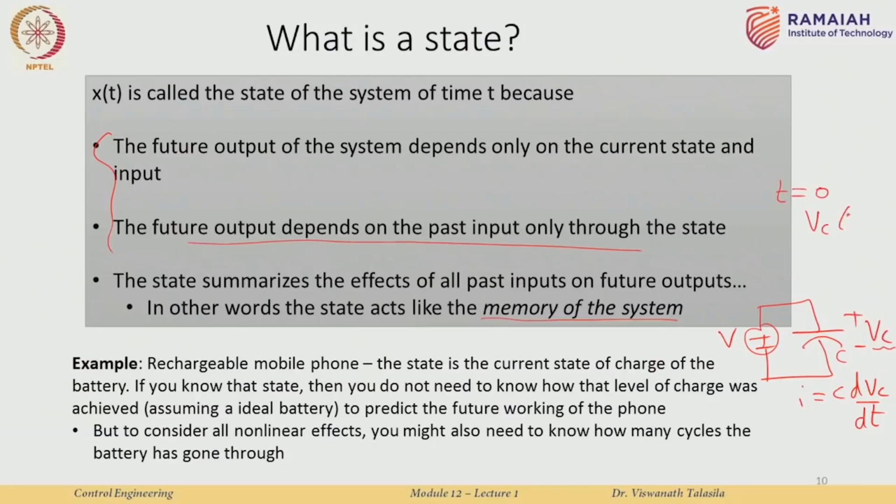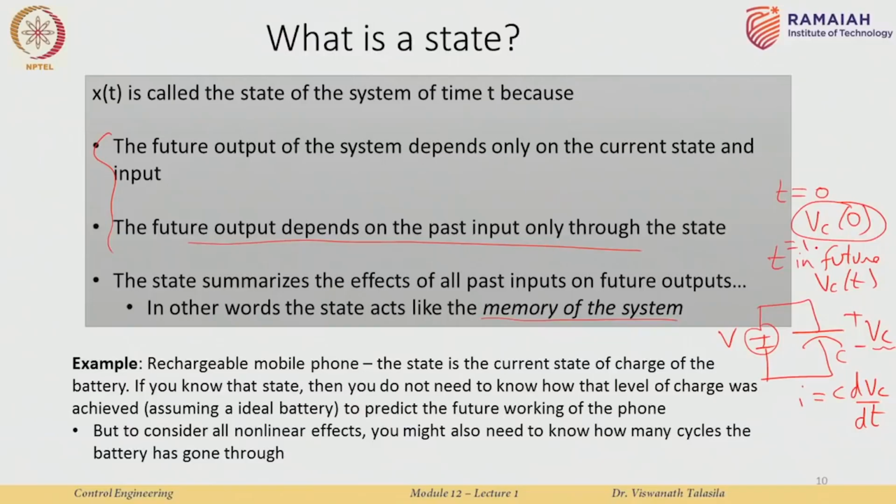At time t equal to 0, if you have a certain value of the state, okay, at any time in the future, Vc of t will depend on whatever information you have in the past. So, the current value of the state, and whatever input I am going to give afterwards. Okay.